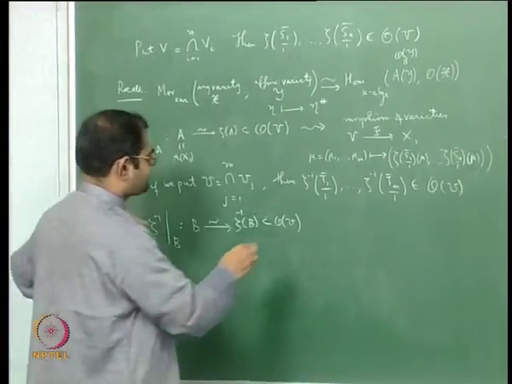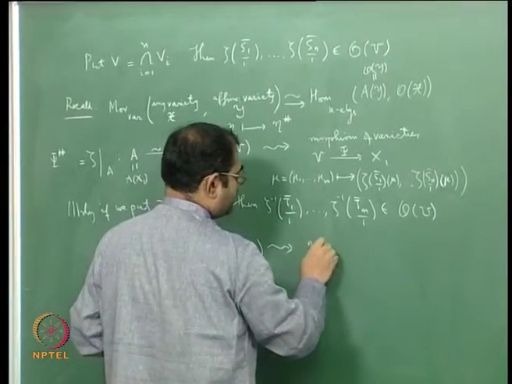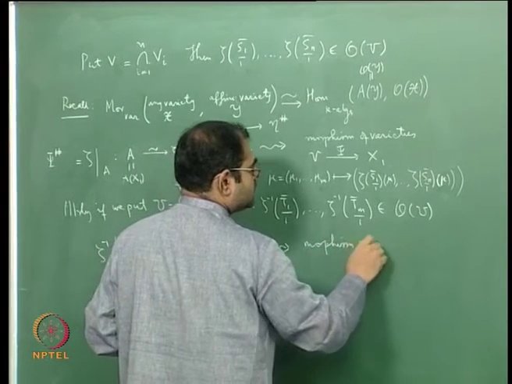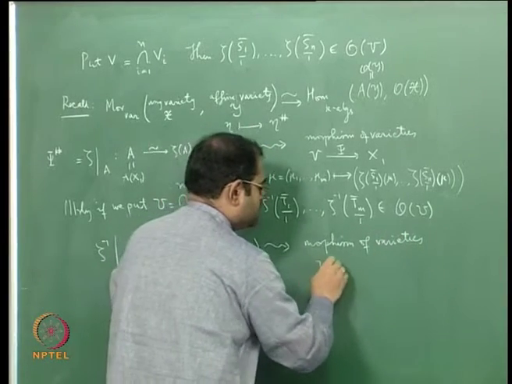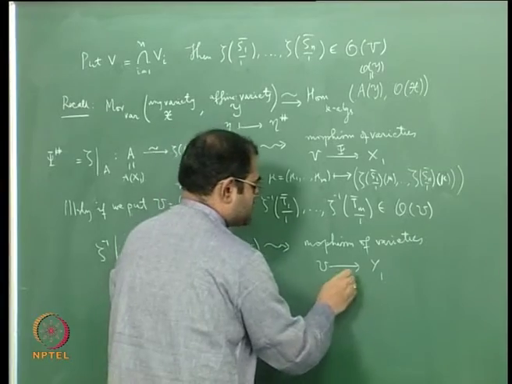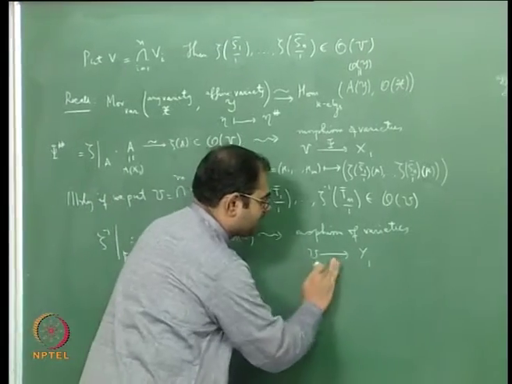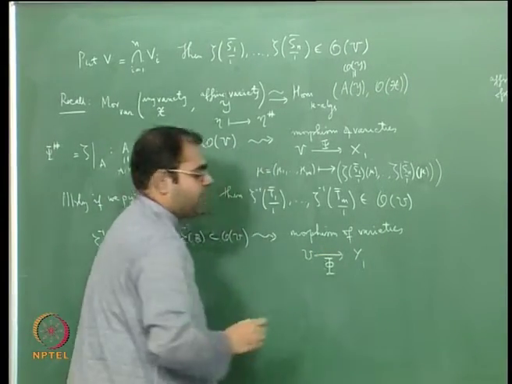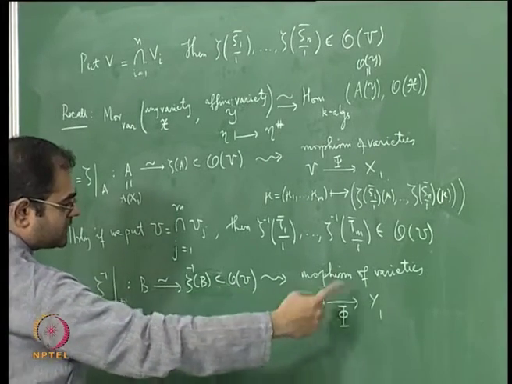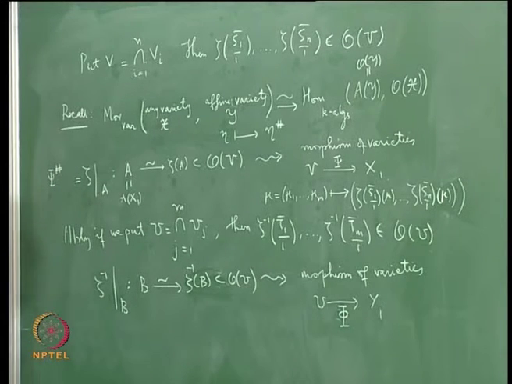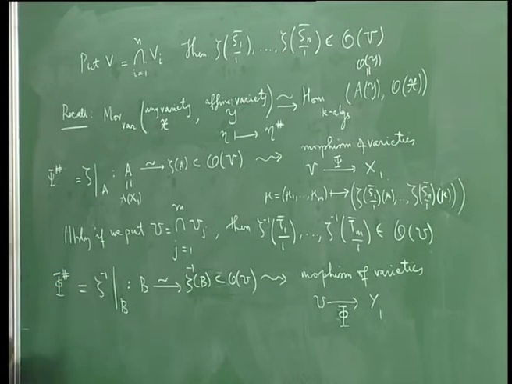So again by this yoga you are going to get a morphism of varieties from U to Y1 given by some, let me call it capital Phi, such that when you take this morphism and take the pullback of regular functions, you get phi hash, and this phi hash is actually equal to zeta inverse.